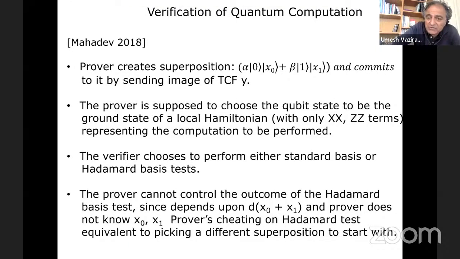The prover is supposed to choose this sequence of n qubit state to be the ground state of a certain local Hamiltonian with only xx and zz terms. And computing this ground state is as hard as performing some arbitrary quantum computation of our choice. So this is the problem that the prover is actually trying to solve.